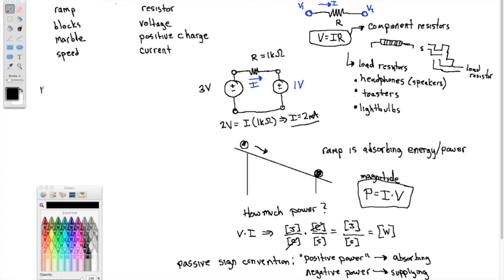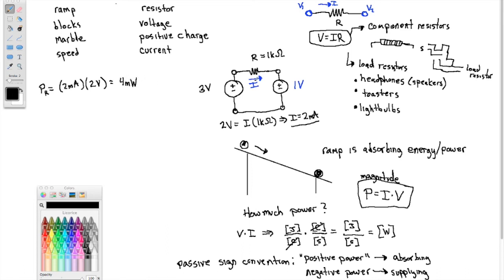So the power in the resistor, well, I times V. So we said that the current was 2 milliamps, and the voltage across it is 2 volts. So this makes 4 milliwatts.